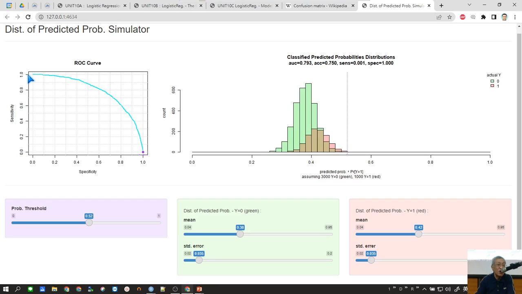Actually, I scan all of the thresholds to get this curve, right? So the area is not fixed to a threshold. It is the general ability that this model can separate the two classes, okay?